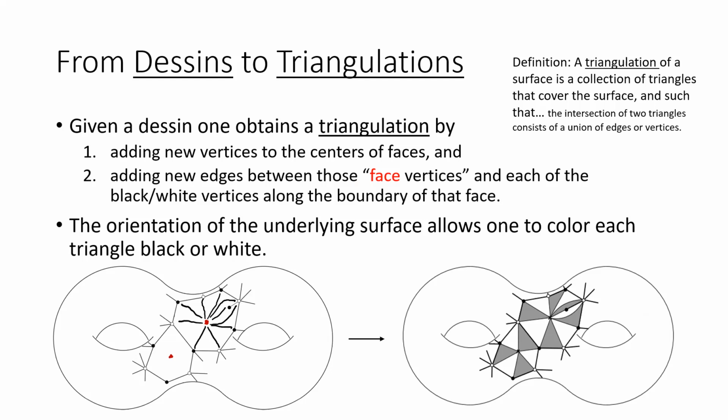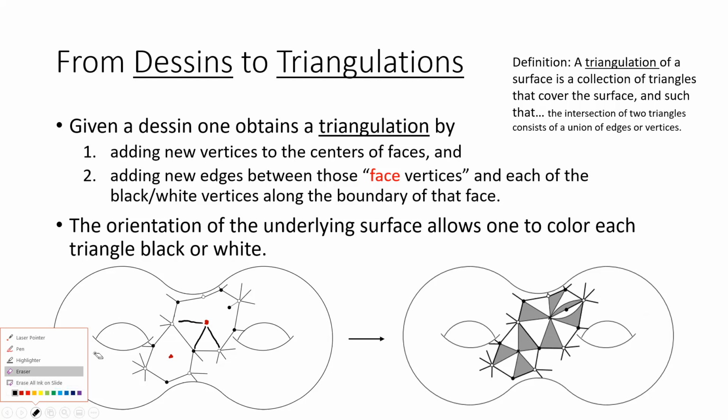Remember, at the beginning of the talk, I said my surfaces are oriented. So the orientation of the underlying surface allows you to color each triangle black or white, depending on the cyclic ordering of the white and black vertices.